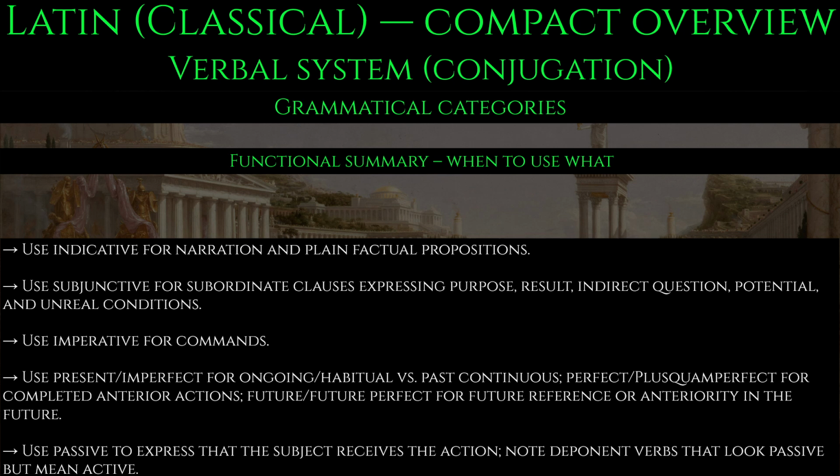Perfect and pluperfect for completed anterior actions. And future or future perfect for future reference or anteriority in the future. And lastly, use passive to express that the subject receives the action. Note the deponent verbs here better look passive, but mean active.